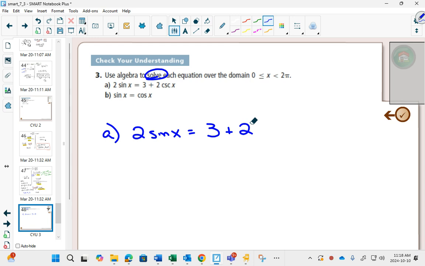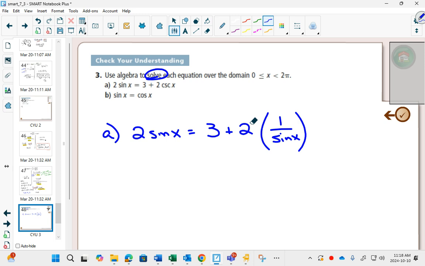So you have to come up with some way to either only have one trig function or separate the trig functions. In this case, I can use my identities and say I know that cosecant is 1 over sine x. And then I only have sine.